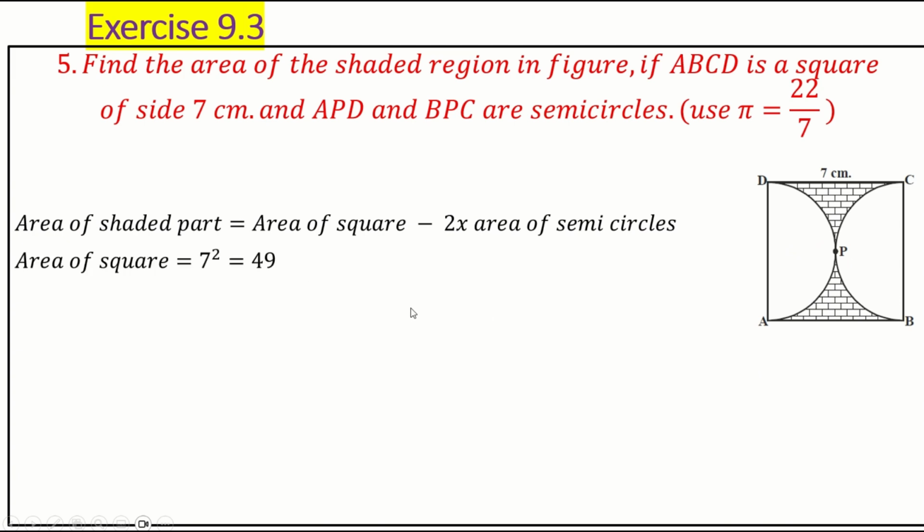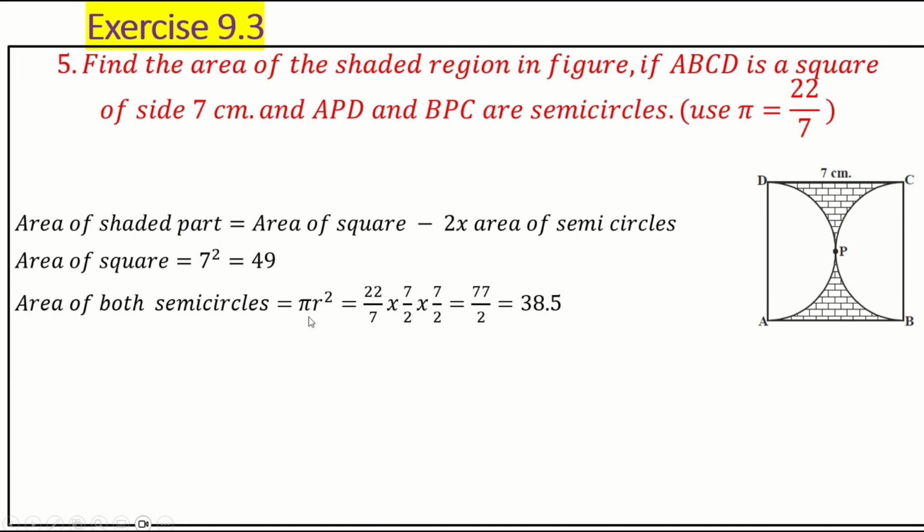Area of the square minus area of both semicircles. So 7 square because side is 7, which is 49, and area of both semicircles is pi r square, which is nothing but 38.5. So if I subtract 49 minus 38.5, which is 10.5 centimeter square is the answer.